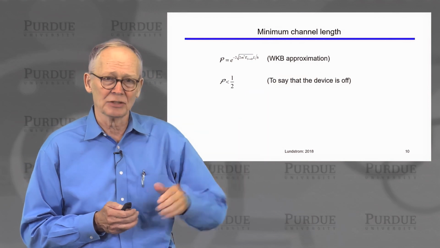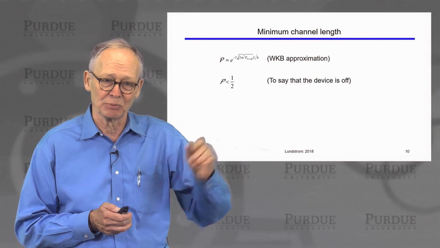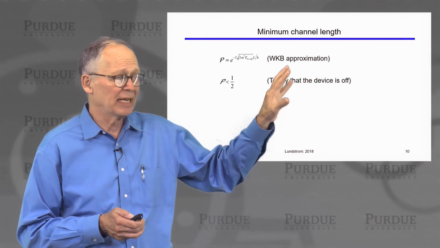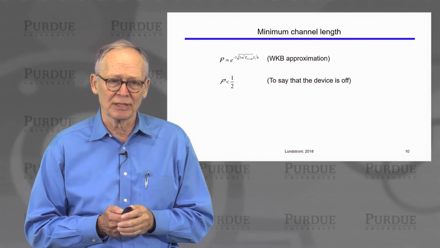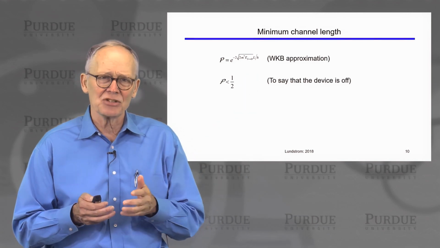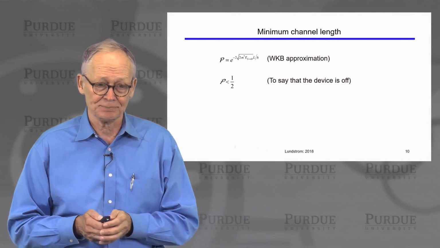A widely used approximation for doing these calculations is called the WKB approximation. And if you go through that, and you can find this in many textbooks, you'll see that the probability of tunneling through a barrier goes exponentially with the barrier height and with the thickness of the barrier, which is our channel length.